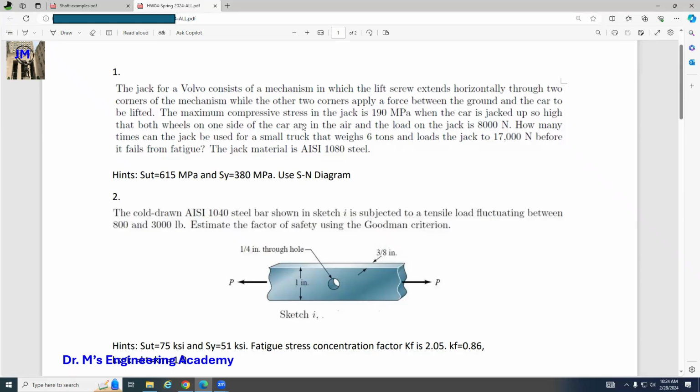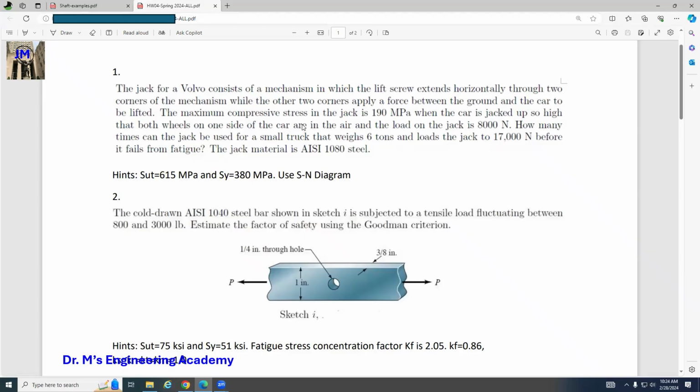SU equals 650 megapascal, and SY is also given as 380 megapascal. You use the Eisen diagram. So we know that if I have 8,000 Newton, then my maximum compressive stress is 190 megapascal.